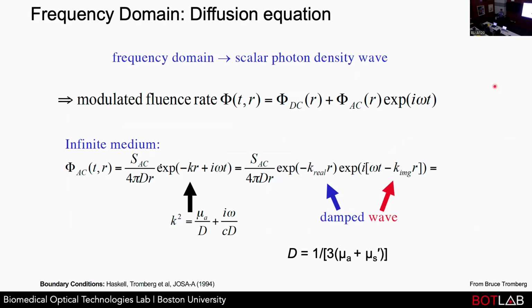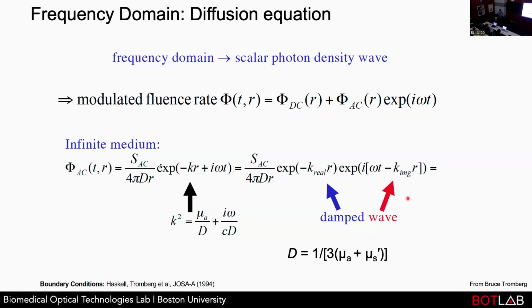We can solve the diffusion equation in the time domain or the time frequency domain. This is one solution for the infinite media. And I'm showing you just so you can see, okay, we have a DC and an AC component to the modulated fluence. And this is expressed in this complex exponential where we have a wave that gets damped over distance and accumulates phase.